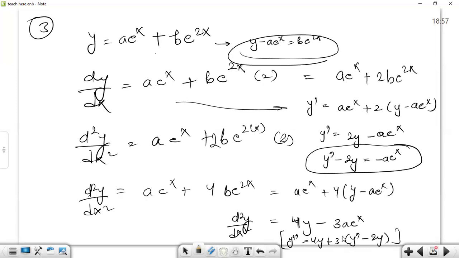We can better represent it by further solving it, but that will be done based on what options we have. So this topic is known as formulation of differential equation, where we first focus on how many arbitrary constants are there.